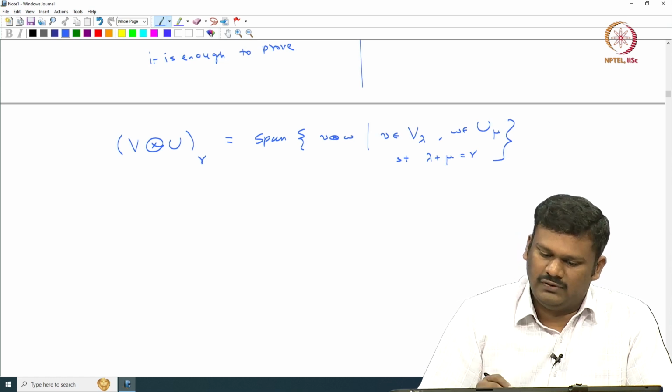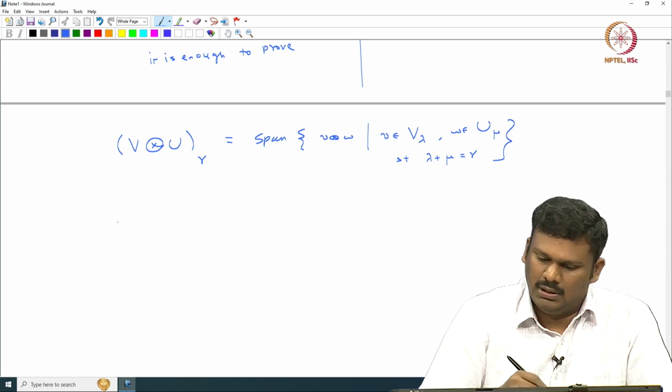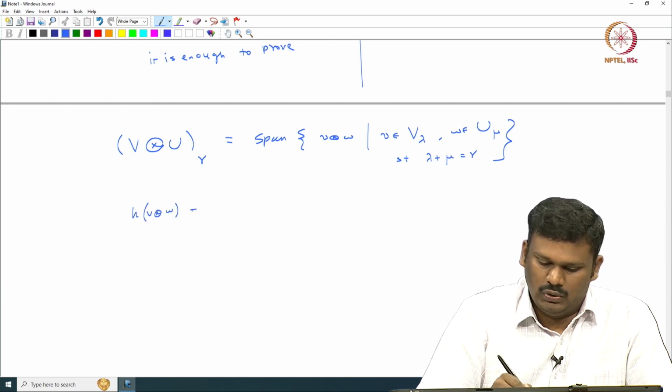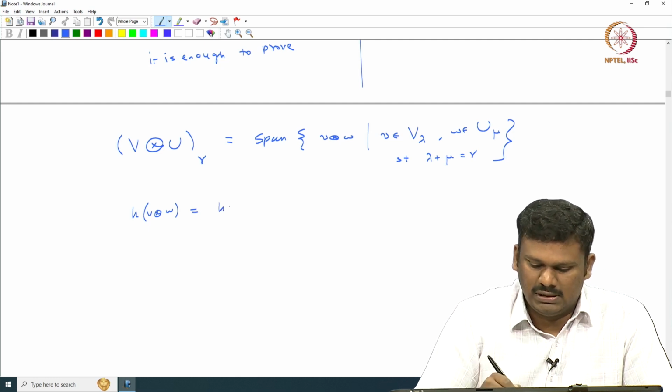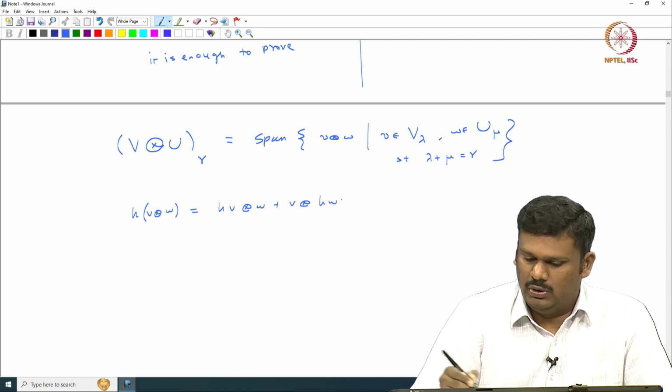That just follows from the following simple computation on the tensor product. If I compute h acting on v tensor w on the simple tensor, you can see that this is nothing but hv tensor w plus v tensor hw.